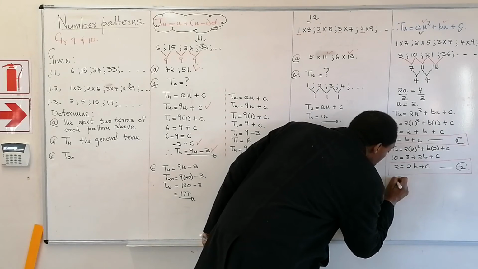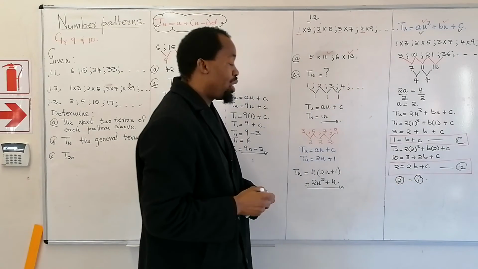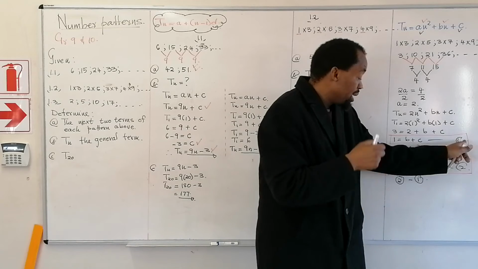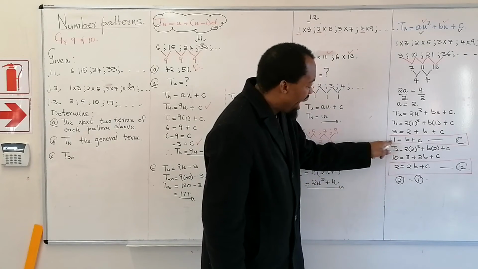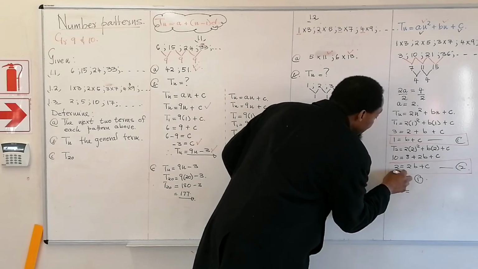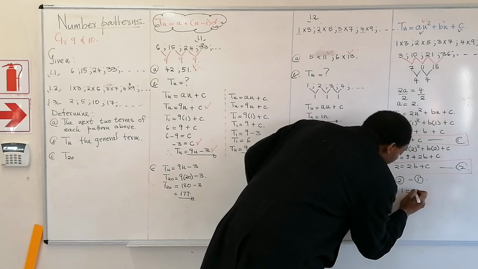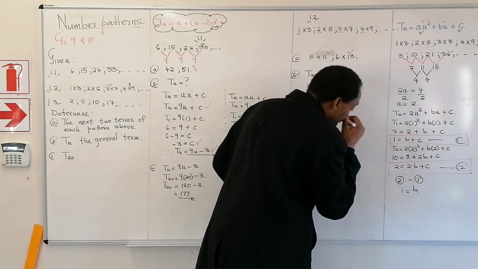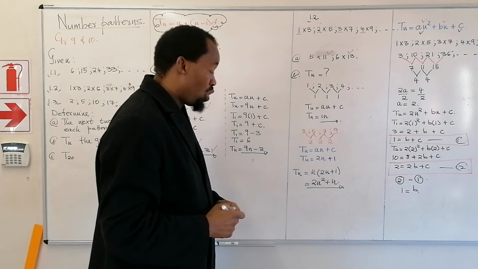I'm going to say equation number 2 minus equation number 1. This equation minus that equation, that would be 2 minus 1, which is a 1, equal sign, 2b minus b, which is b. c minus c is 0.